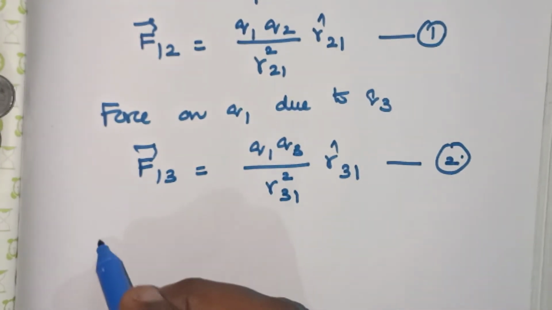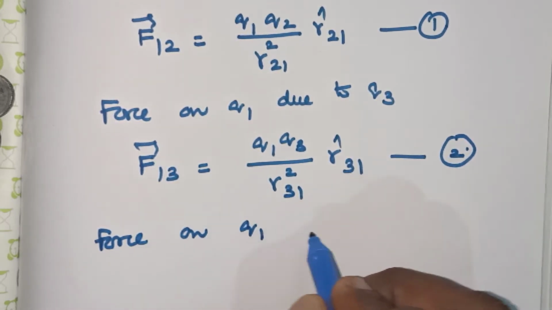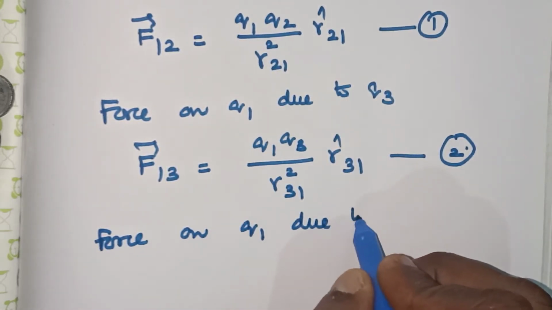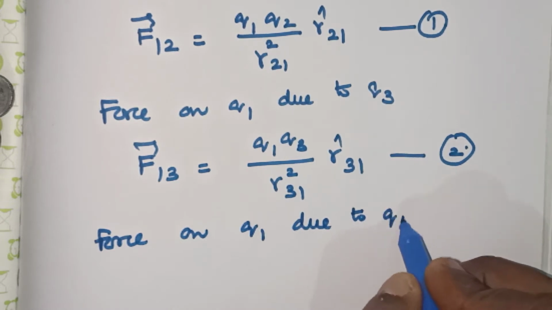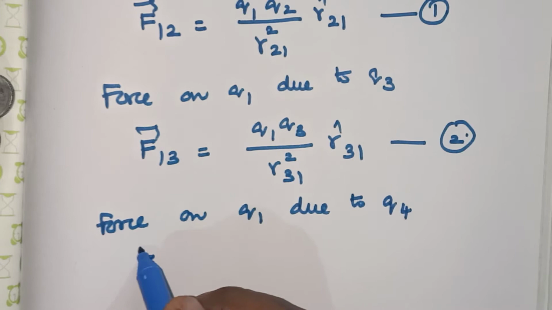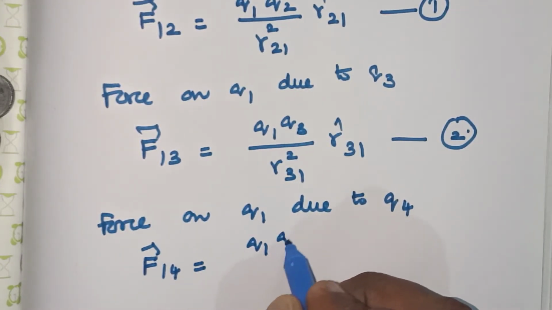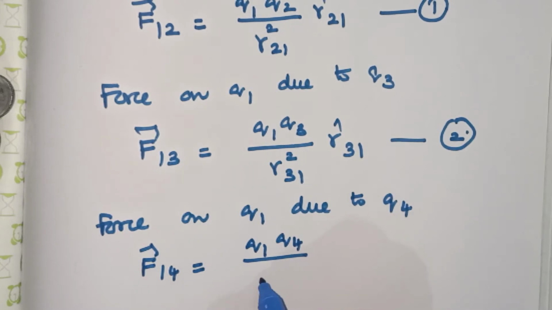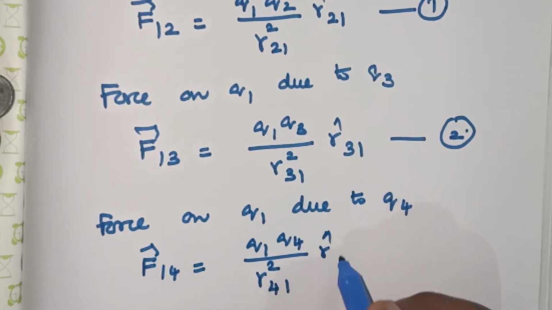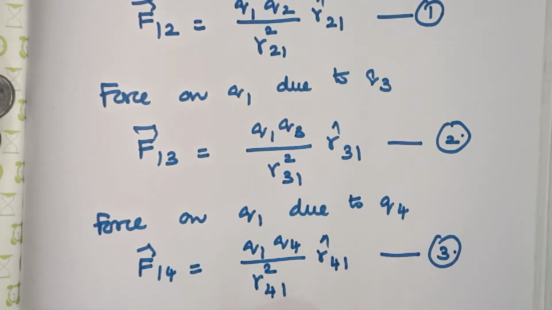So force on Q1 due to Q4, that is F14 equals Q1 Q4 divided by R square 41 R cap 41. Take this as equation number 3.